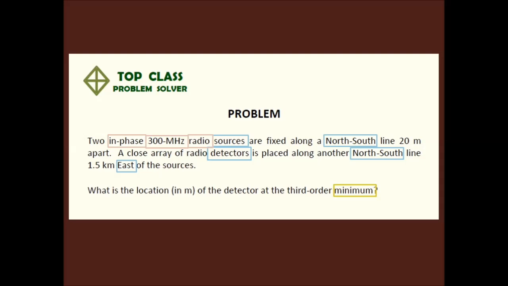We are told that the sources are in phase, and we're given the frequency of the sources as 300 MHz. We are also told that the sources are radio sources, which is going to be an important fact later on. We are told that the 2 point sources are 20 meters apart, and we are told that the array of detectors, our parameter big L, is 1.5 kilometers from the line joining the sources.